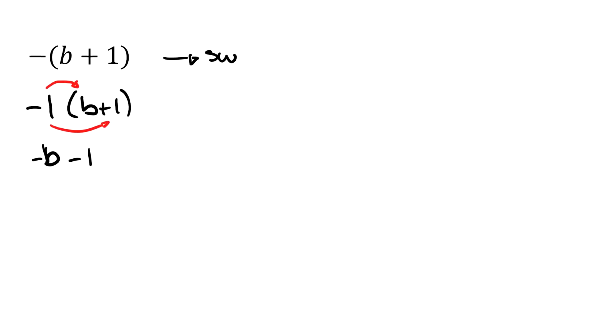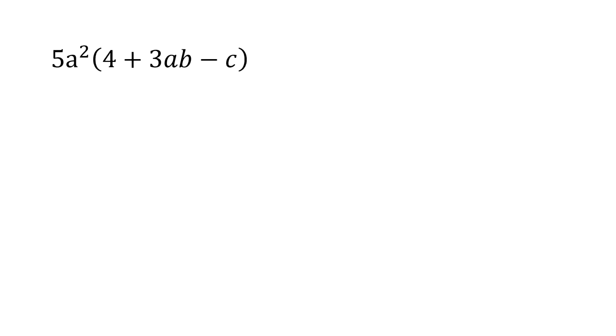So we're going to swap the signs. B was a positive, so now it's a negative B. 1 was also a positive, so it is now a negative 1, which is the same answer. Notice we have the same answer here. So you can use arrows like we did just then, or you can just know the trick is that all the signs swap.